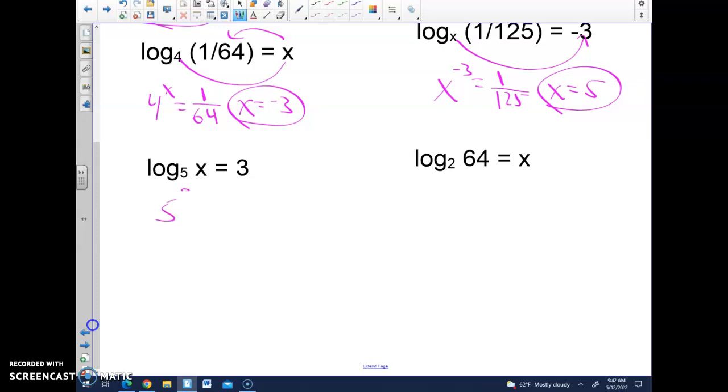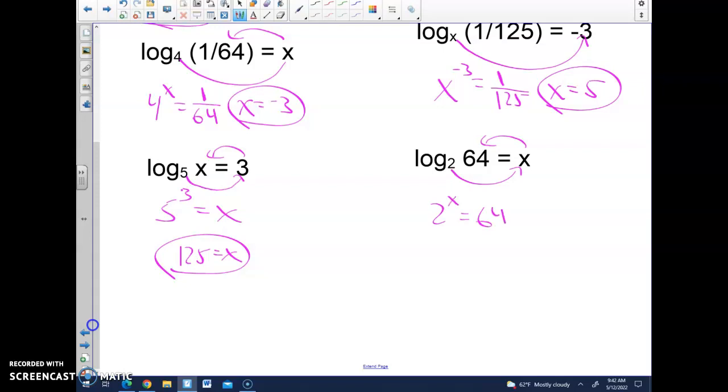Here, 5 cubed, so you've got to go 5 to the 3rd equals my x. My x is 125. And then finally, 2 to the x equals 64. 2 to the 6th equals 64. There's not really a lot of work.